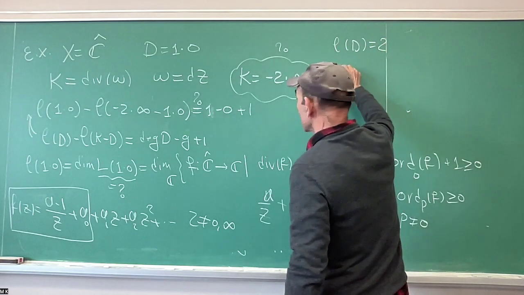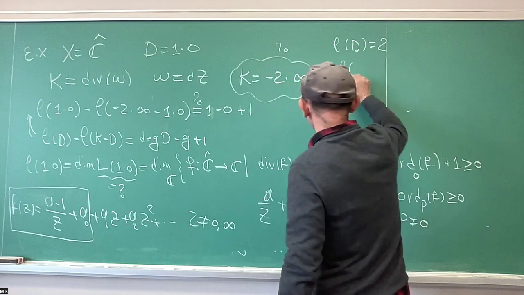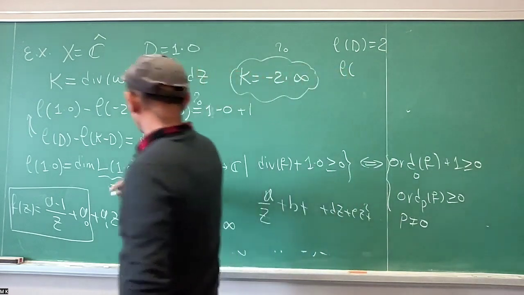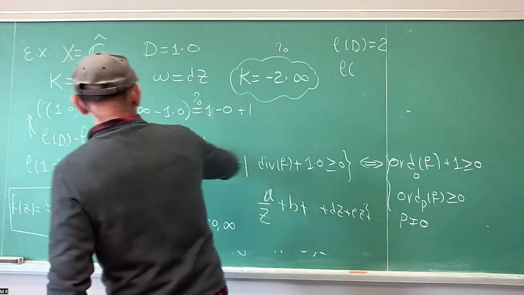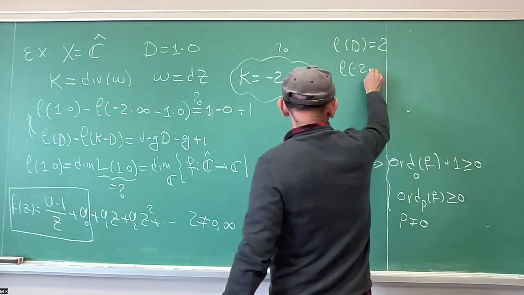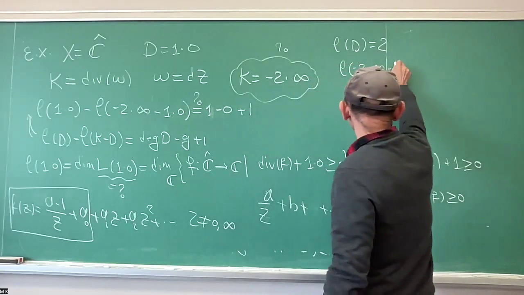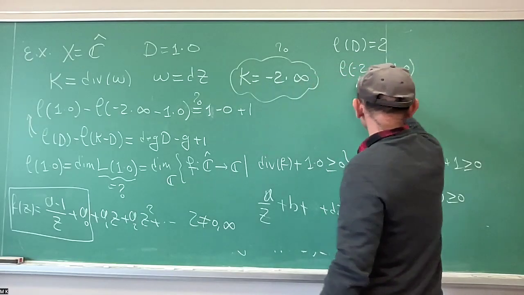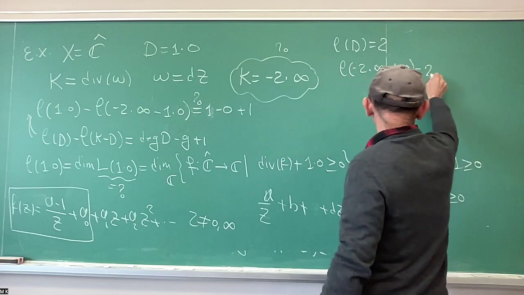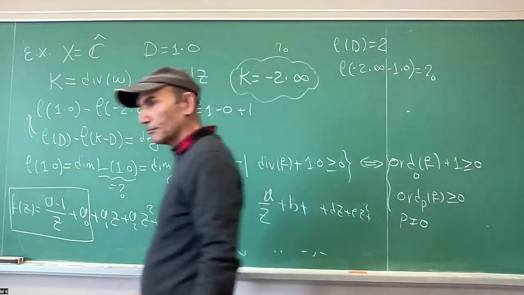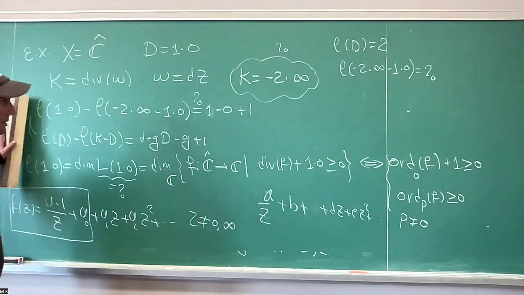So now the next question is, what is L of K minus D, which is -2 infinity and -1 times 0, right? So we have to find that thing as well.